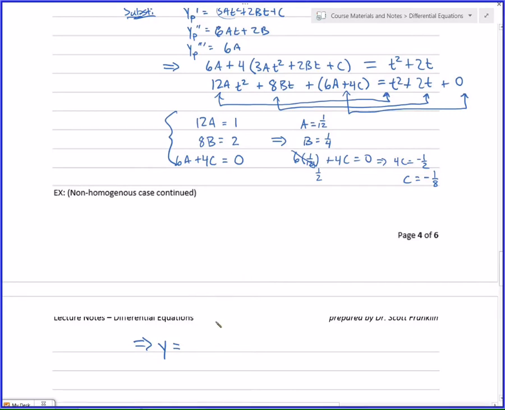So your total y now is C3 plus C4 cosine of 2t plus C5 sine of 2t. And then your particular solution, so plus 1/12 t cubed plus 1/4 t squared minus 1/8 t.